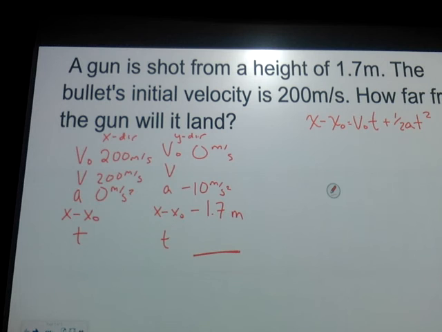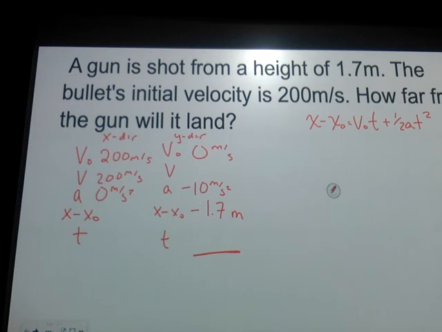And then what's nice for these, and that's what's going to make it more complicated when we do the ones at an angle, is that's not always the case, is that things will always cancel out for us.